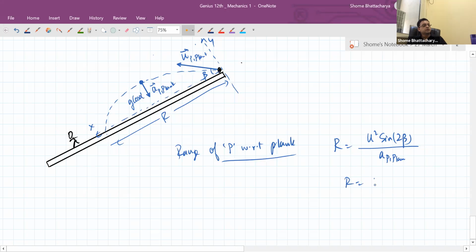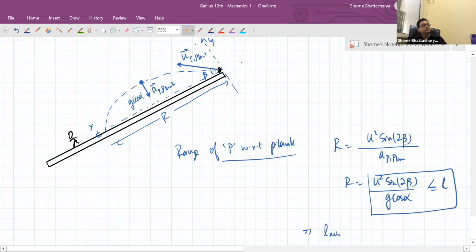So this range is u square sine 2 beta divided by g cos alpha, and this range should be less than or equal to L. So the minimum value of L, as quite a few of you have correctly got, should be this.